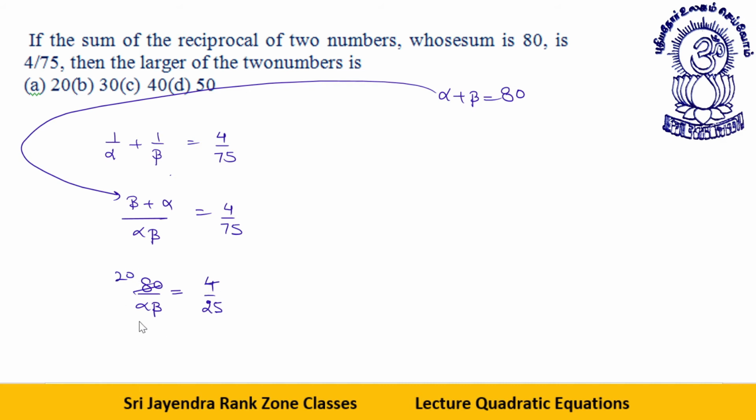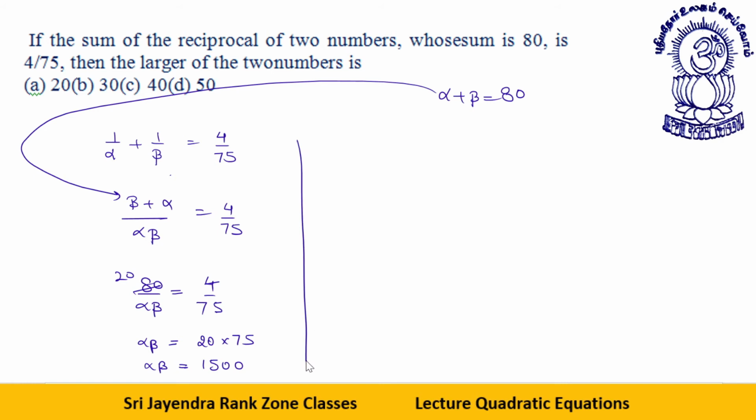So alpha into beta will be 20 into 75. This is 1500.